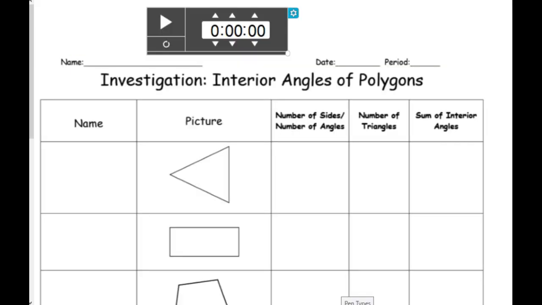All right, so just like the warm-up, I want you to, let's see if you can beat a minute. Excuse me. You have something to do right there, don't you?